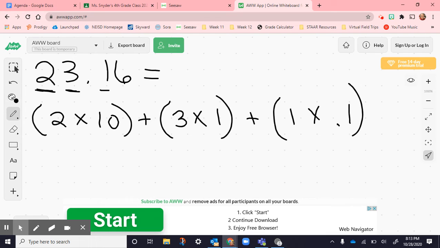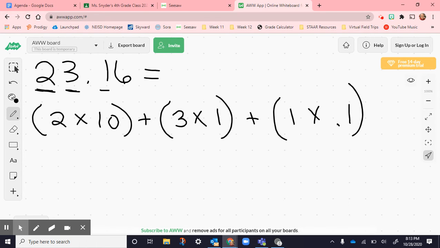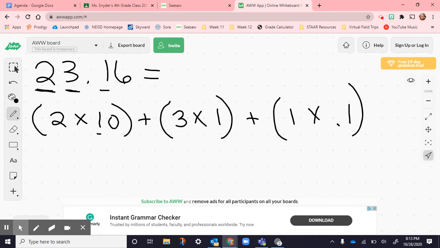So that 1, notice here the 1 is in the tens place. Here, the 1 is in the ones place. Here, the 1 is in the tenths place. Plus, next digit is a 6. Open my parentheses, write the 6, times, this is the hundredths place, so I have to put my decimal, a 0, and a 1 to show that that 1 is in the hundredths place.